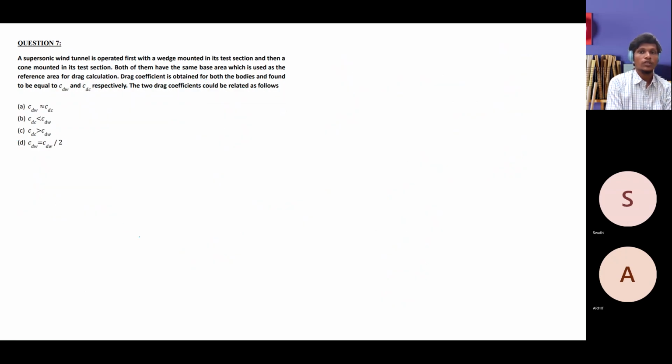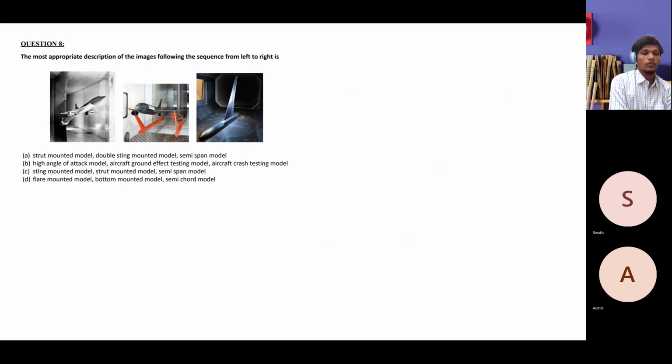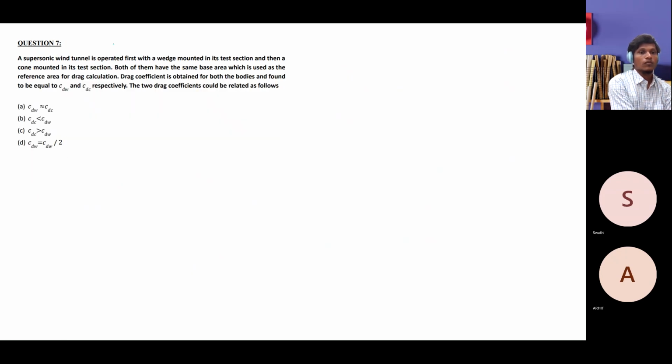So the next question is about the supersonic wind tunnel. A supersonic wind tunnel is operated first with a wedge mounted in its test section, and then a cone mounted in its test section. Both of them have the same base area, which is used as the reference area for drag calculation.